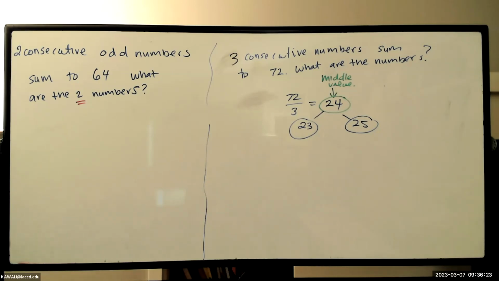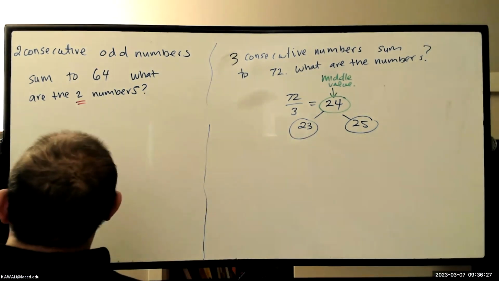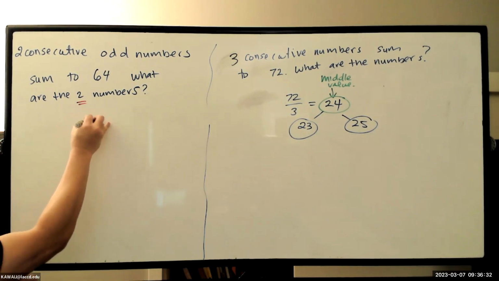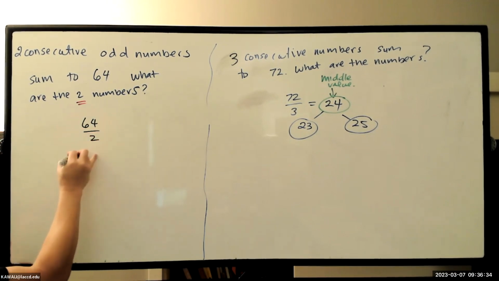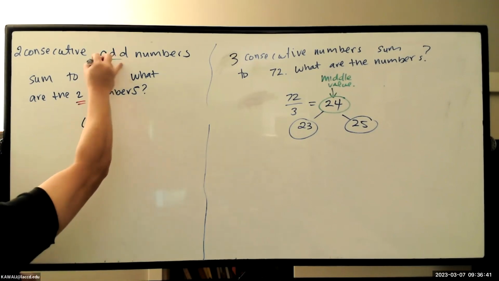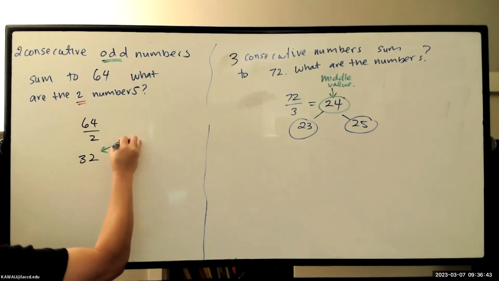So let's look at this. So let's divide by 2. So 64 divided by 2 is 32. Now, remember that we're looking for odd numbers. This is not an odd number.